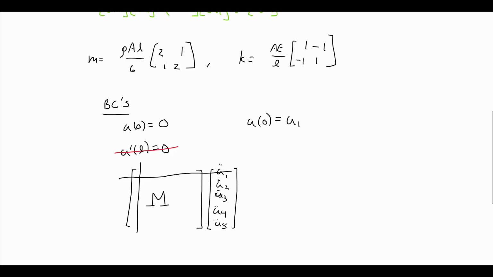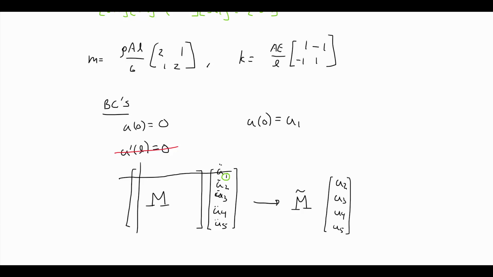But specifically, it's not always the first row and first column. It's because U1 is the one that is always set to 0. So it's really the index of whatever degree of freedom is going to be permanently set to 0. So what we're going to have then is a smaller system, because now we're analyzing only 4 degrees of freedom, U2 through 5, since we already know U1, with a modified M. I'll call it M tilde for the moment, reflecting that it's M with the first row and the first column removed.